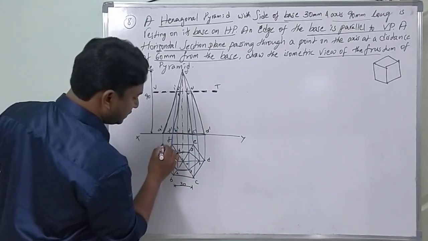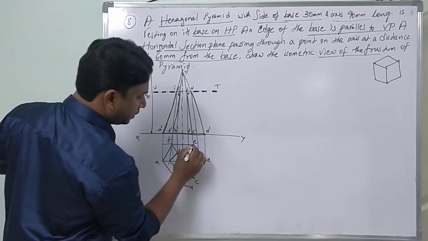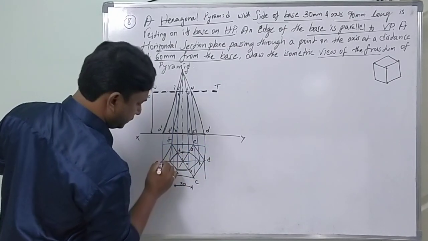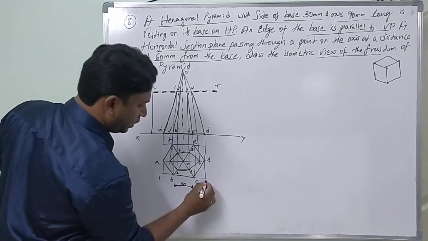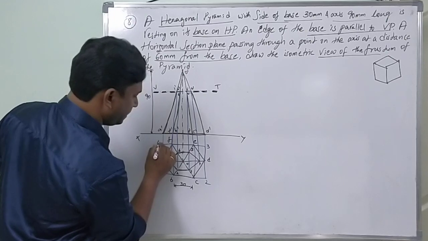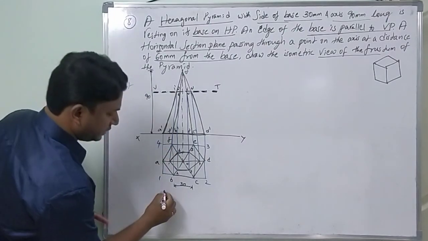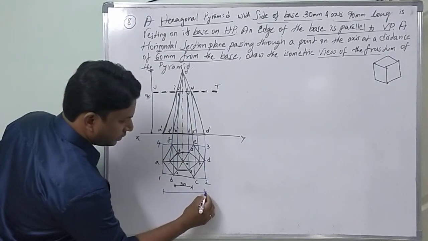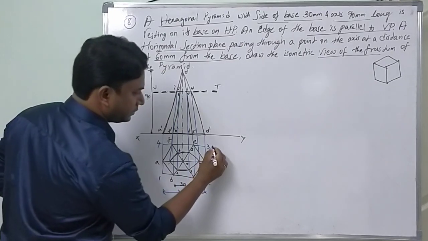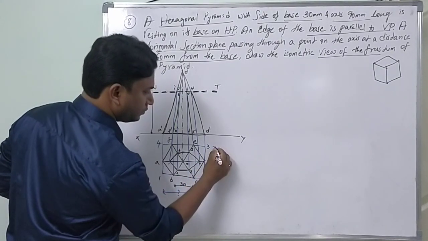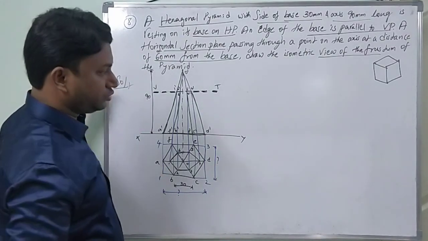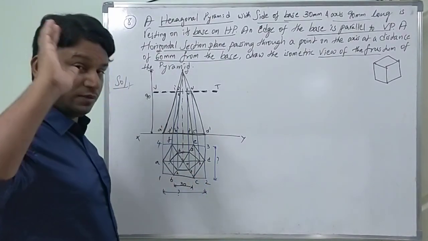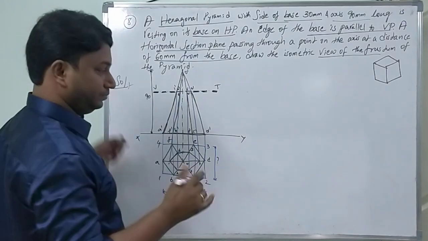Now for the original hexagon, whatever you have drawn, draw the box: 1, 2, 3, 4. Now this dimension you are supposed to measure. Whatever hexagon shape you got, the box should have that dimension. Remember, the isometric view of a hexagonal plane is the same.